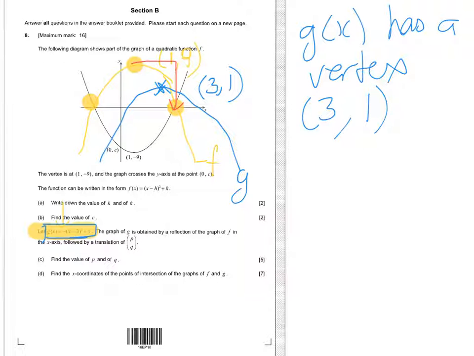And the answer hopefully is fairly obvious, because we only really have to look at the vertices. So look at the vertex here, the first one at 1, 9, and then the vertex here, 3, 1.